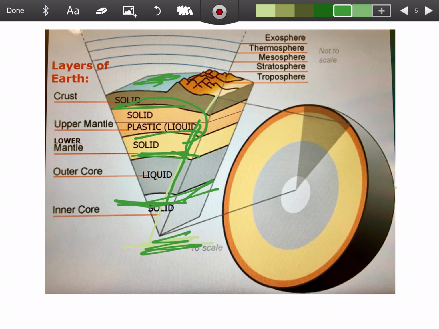Same like that, we have 7 layers in the atmosphere. We have an atmosphere video, you can check that out if you want to study the atmosphere. There's an exosphere where there's no air, a thermosphere, a mesosphere, and a stratosphere. Planes mostly go into the stratosphere and mesosphere.